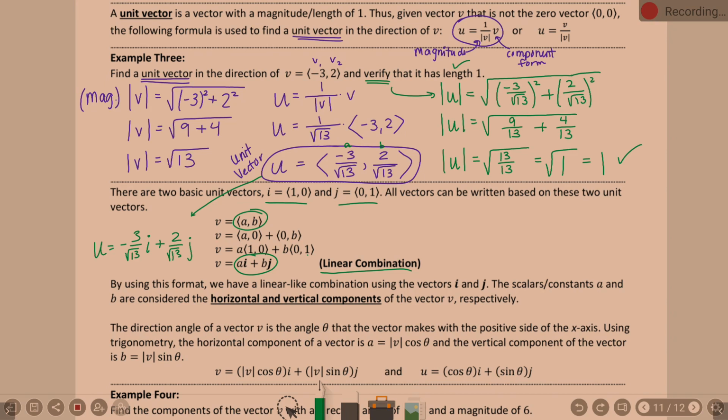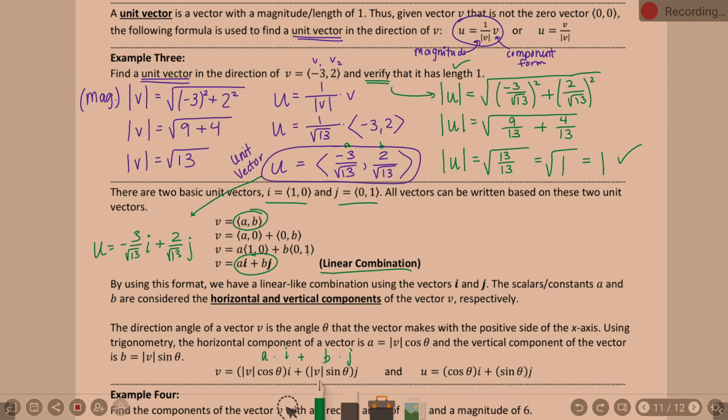So what we talked about earlier as a times i plus b times j, that can be written with a defined to be the absolute value of v times cosine theta, and b defined to be the absolute value of v times sine theta. That's a way we can find a and b.